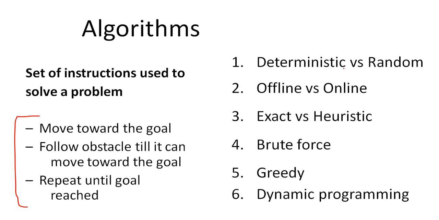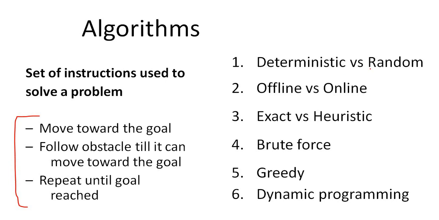For example, if the robot is given the same environment, and it's using a deterministic type of algorithm, then for the same type of environment, it will do the same kind of navigation every time.